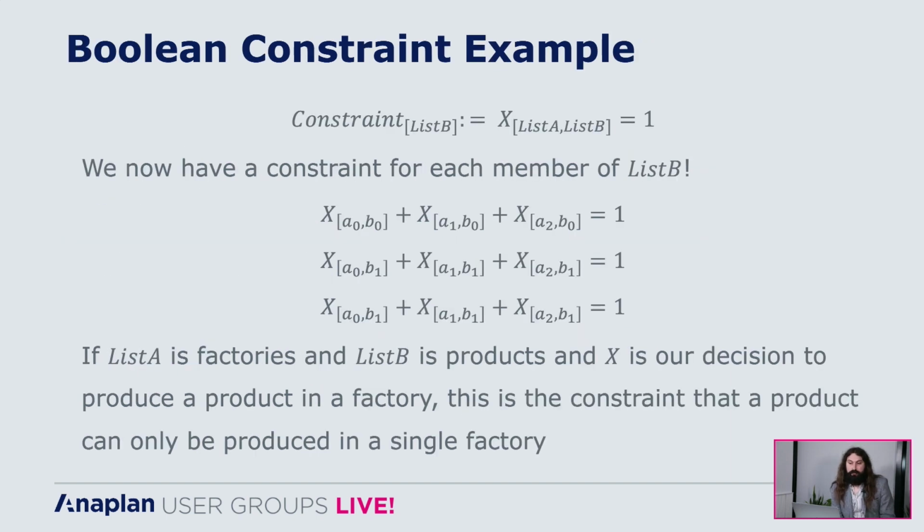So let's look at an example. So this is a constraint dimensioned on list B. We have x on list A and list B, and we set it equal to 1. So we're saying x, list A, list B, equals 1. So as we said, we would unroll that for each item in list B, and we have 3 constraints for B0, B1, and B2. And what we actually then do, as we've seen, is that we unroll for each term across the A dimension.